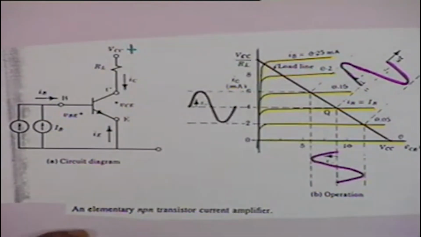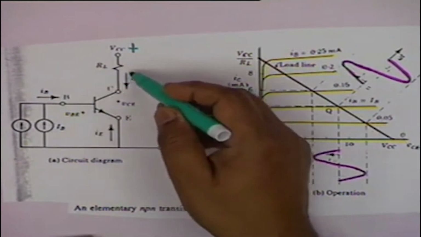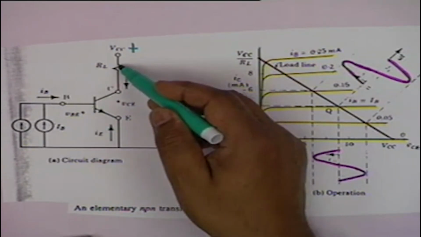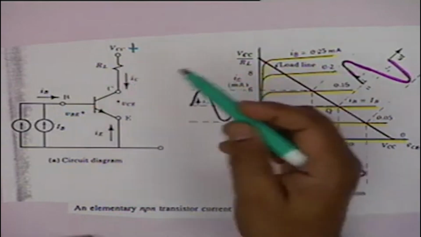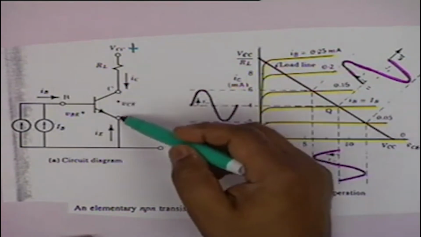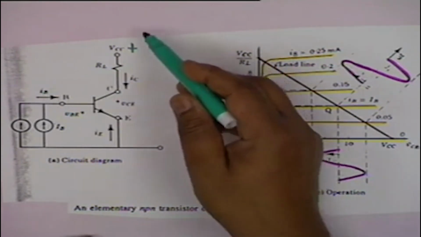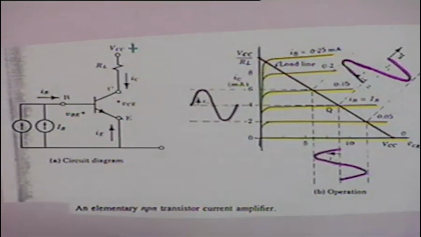There is a resistance RL here. And the current I sub C obviously is limited by RL. RL will have an effect on the current I sub C. In fact, VCE, this voltage, is equal to VCC minus the drop in RL, which is I sub C times RL.